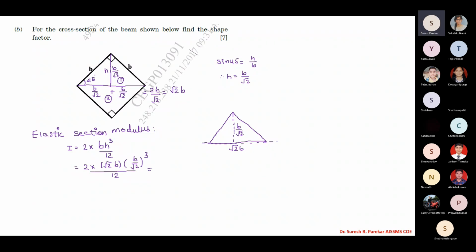And then we will solve this. So we have 2 root 2 B to the power 4 divided by 12 into 2 root 2.